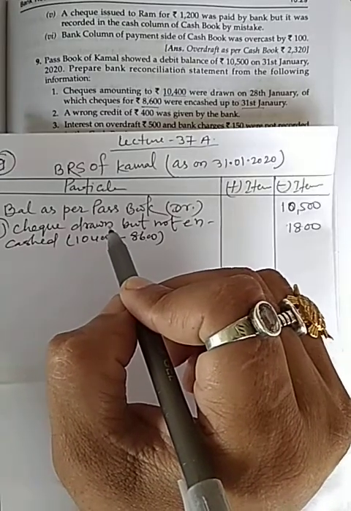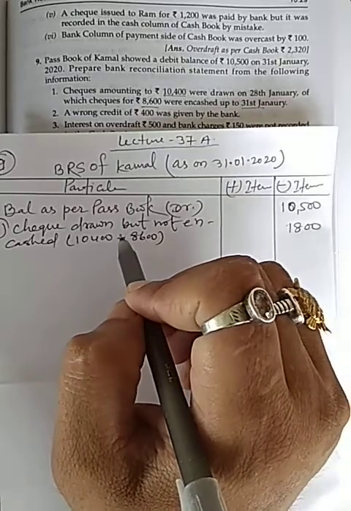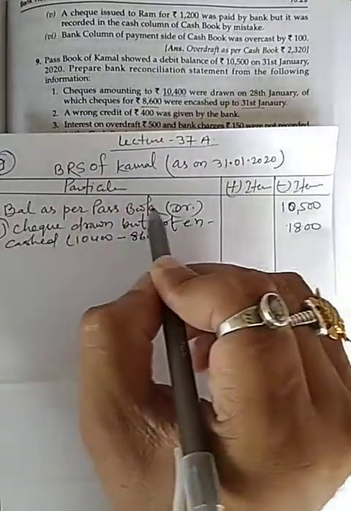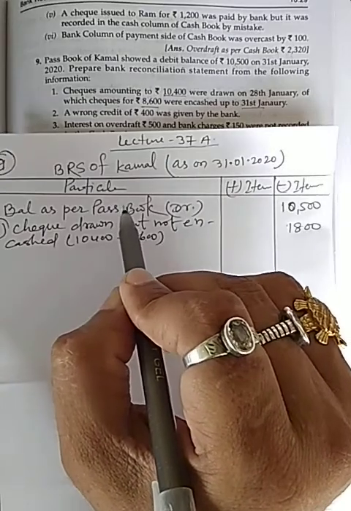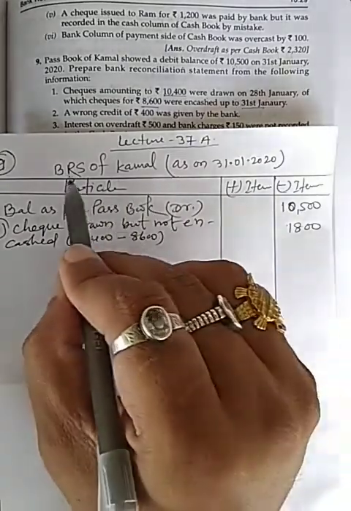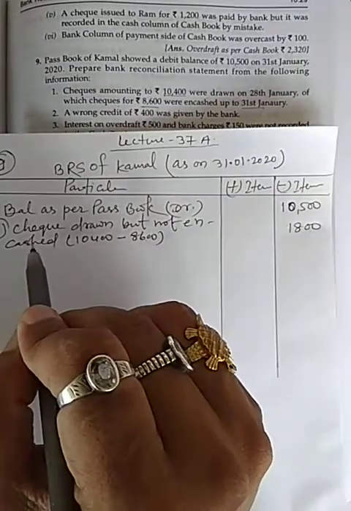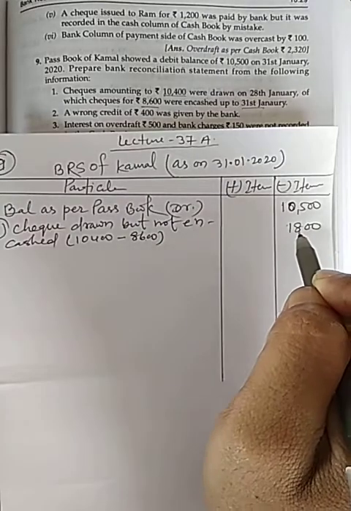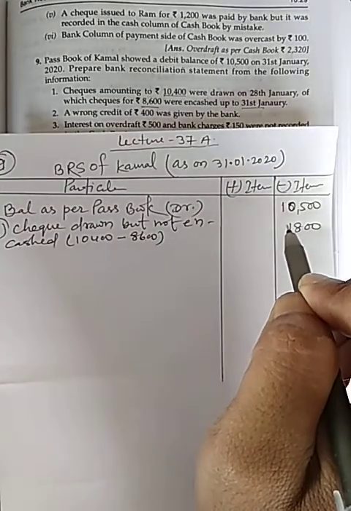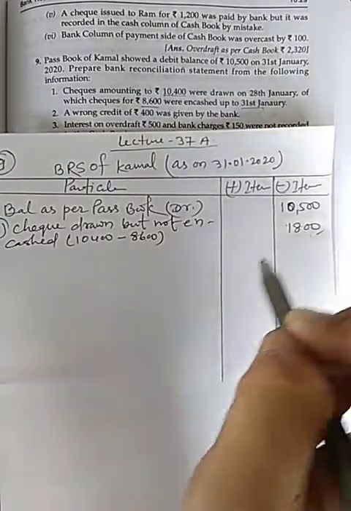Passbook records opposite of cashbook. When passbook balance is given for a starting of BRS, then I will write check issued but not present for payment in minus item. So it will record in minus item 1800.